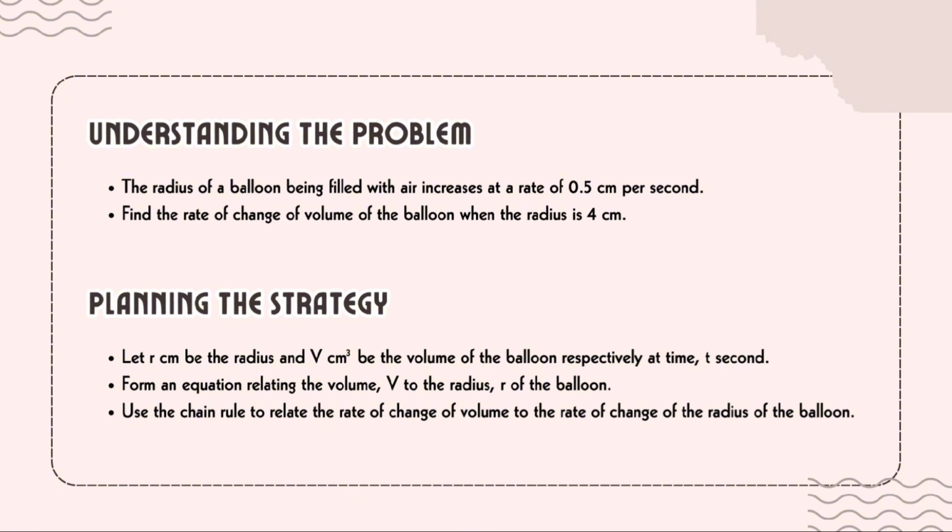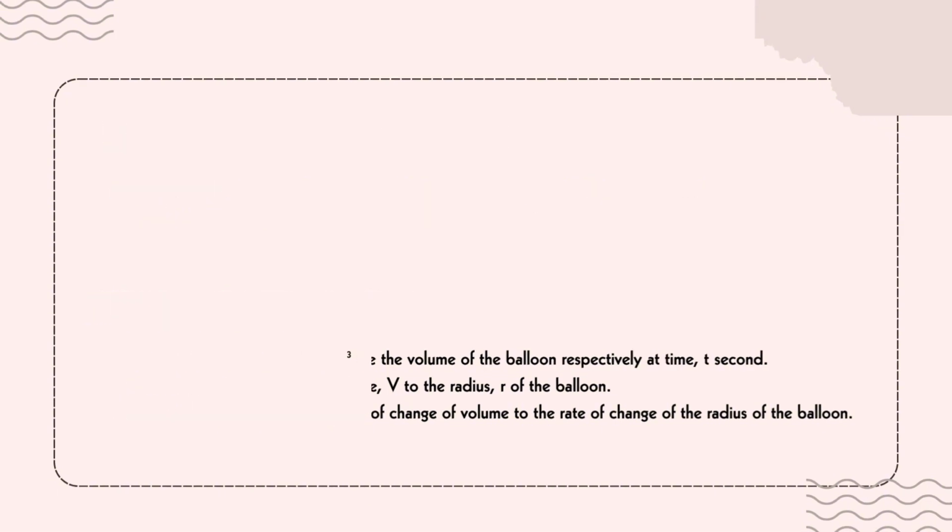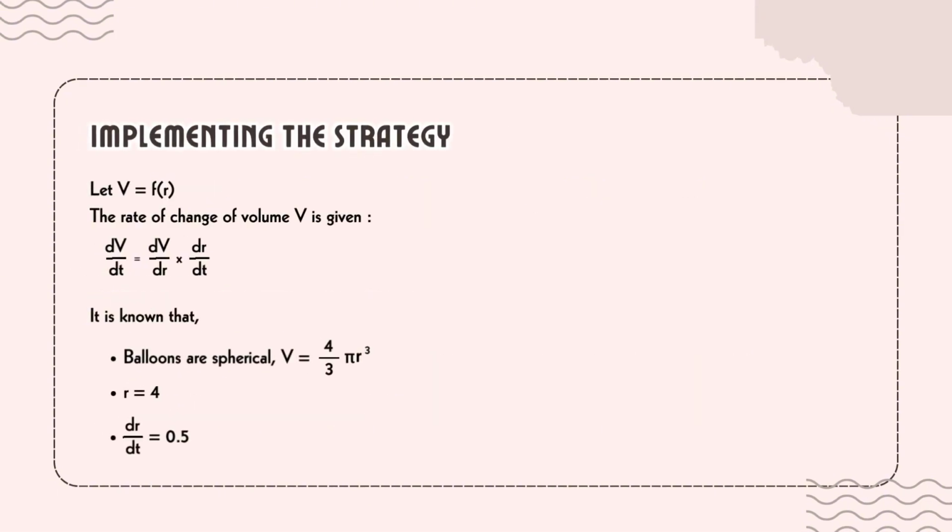Form an equation relating the volume V to the radius r of the balloon and use the chain rule to relate the rate of change of volume to the rate of change of the radius of the balloon. So let's start the strategy by letting V equal f(r).